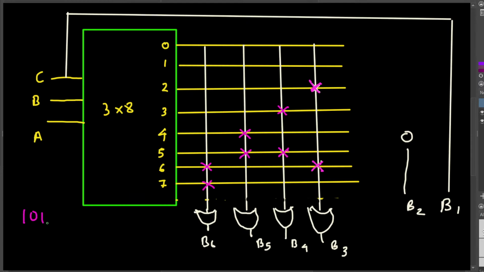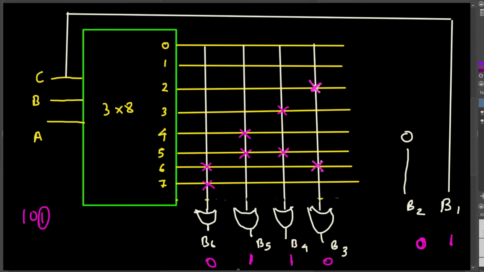B1 is this one right here, so that's the last part, C. So that will be 1, and B2 is always 0. And 101 is 5, right? If I look at 5, 5 is on at B5. That is 1 right here. And also on at B4, I put a 1 right here. And then I put zeros for the other outputs that are not connected.